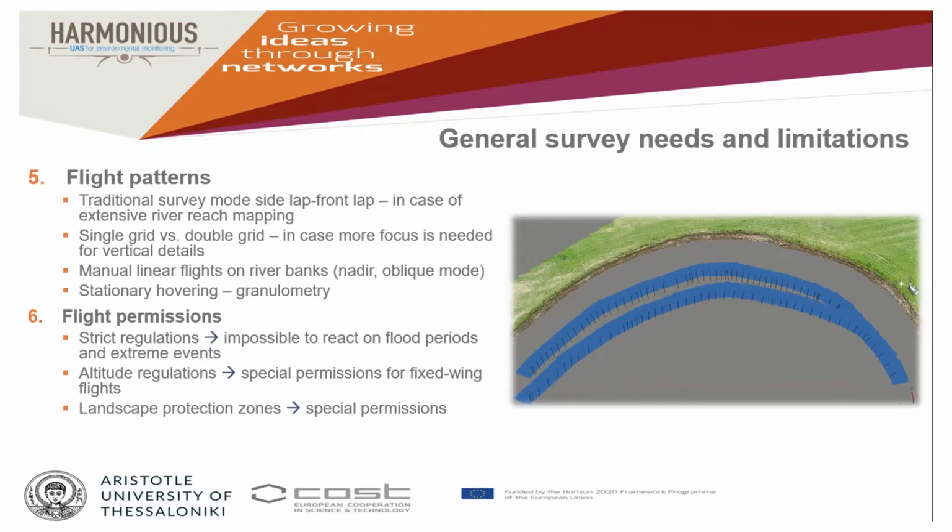However, we still have to analyze also what kind of flight patterns are necessary for these kind of surveys. Is it enough to have a single grid or double grid, or to include oblique mode imagery to provide the most accurate bank geometry and their role in the sensitivity of modeling cases? So this is a challenge that we have to solve.